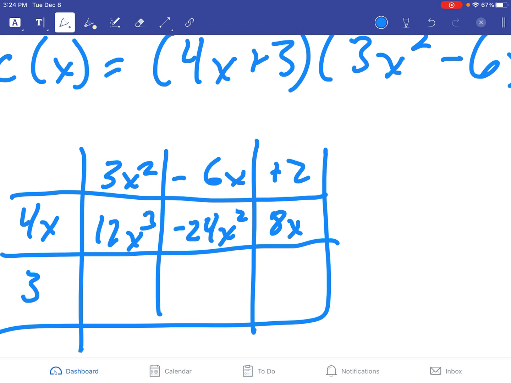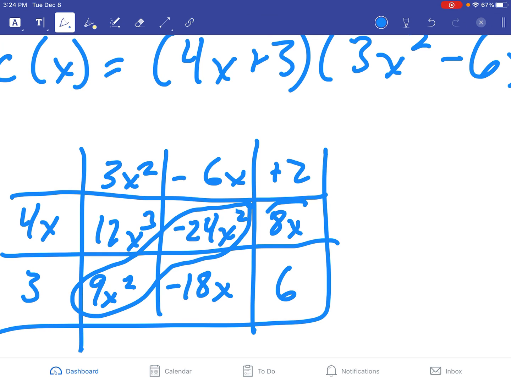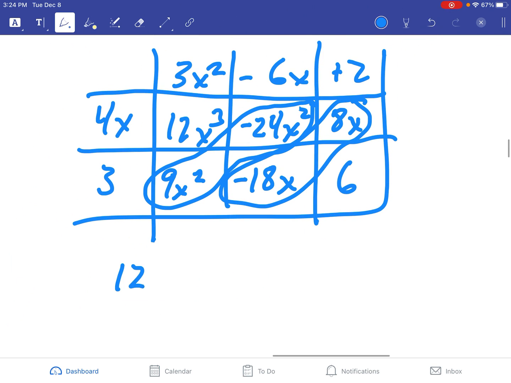Okay. 3x squared times 3 is going to be 9x squared. Negative 6x times 3 is going to be negative 18x. 3 times 2 is going to be 6. Again, we're looking at the diagonals to combine our like terms. So we have 12x to the third.